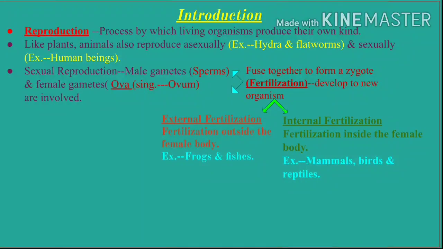Once again, just go through it. There is given the definition of reproduction, sexual as well as asexual reproduction. In sexual reproduction, male gametes and female gametes fuse together and form a zygote, the zygote changes into an embryo, and then a new young one is formed.